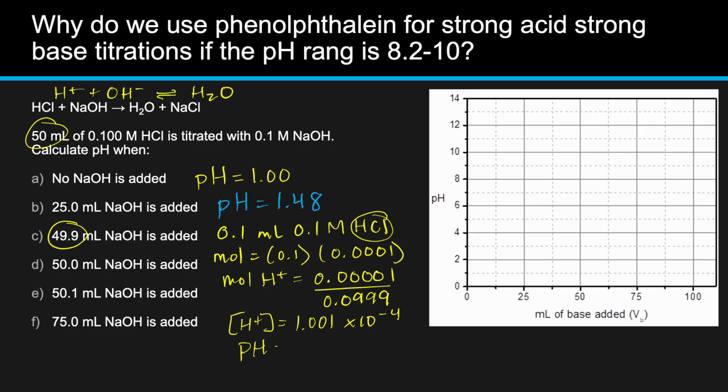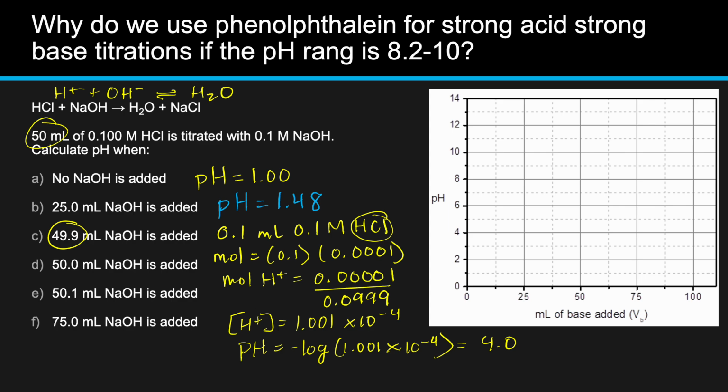So if I want to get pH, I take the negative log of that number, which is going to give me 3.9995, which is 4.0.